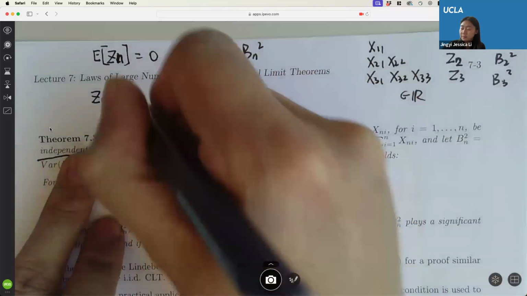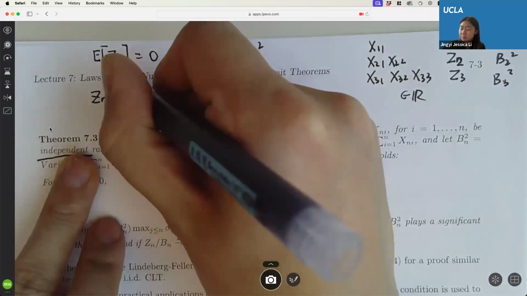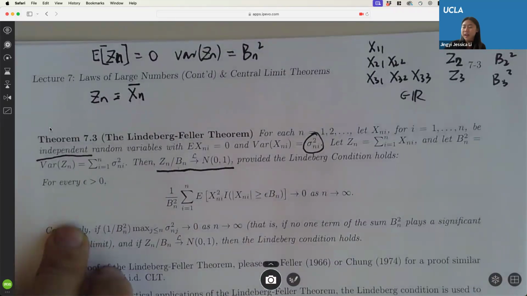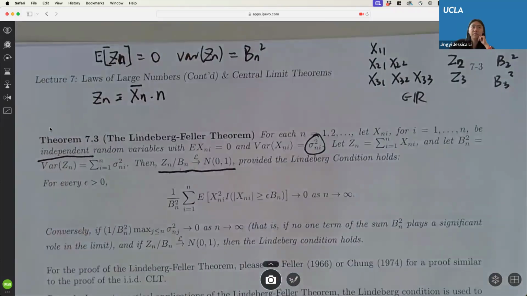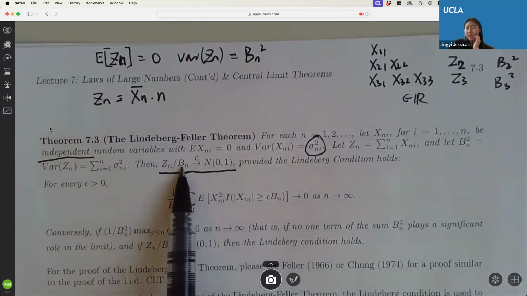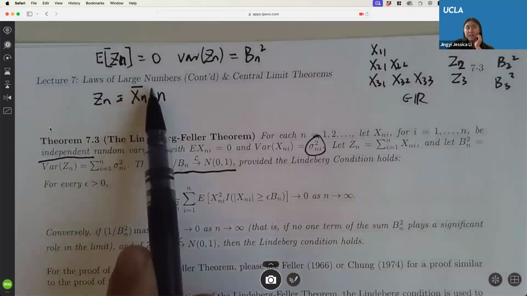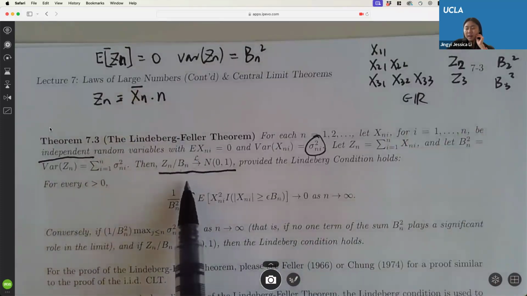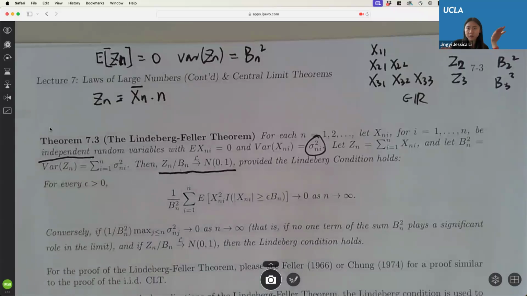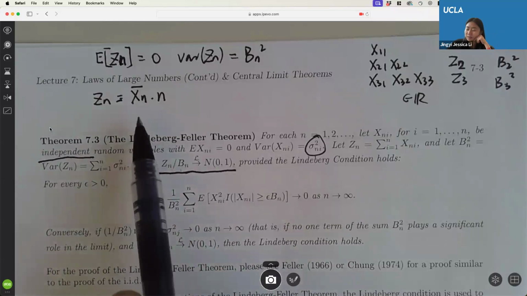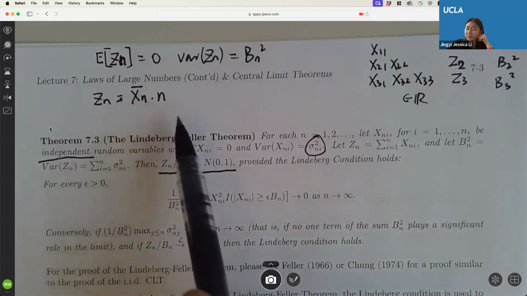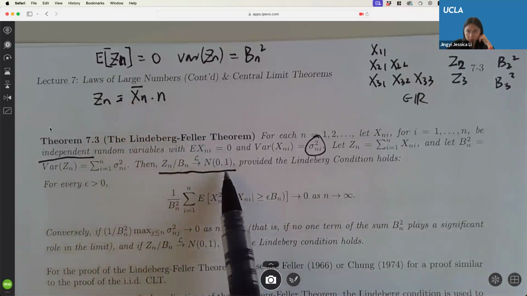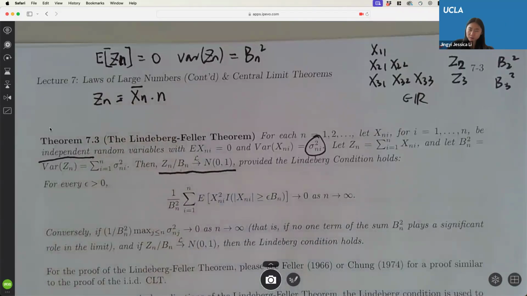If we call xn bar the row average, then Zn is n times xn bar, and we are dividing Zn by its own standard deviation. So it's the same as dividing xn bar by its standard deviation. Their standard deviations just differ by n. And then we're just saying that this divided by standard deviation goes to standard normal. So it's the same conclusion, the same result as central limit theorem. Nothing special. The statement is the same.